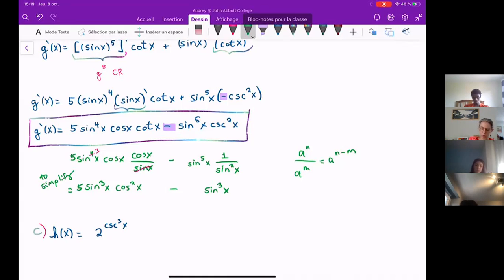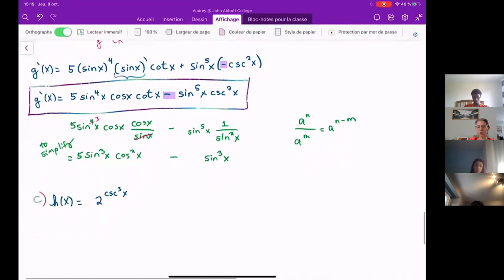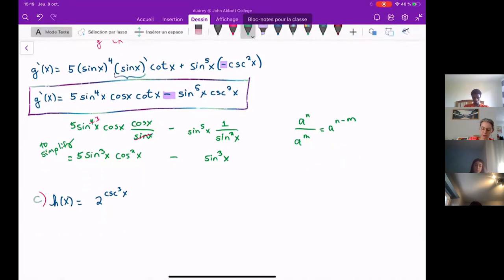Okay, so again, I have a cosecant cubed. We said the first thing to do when you have a trig function with a power is to rewrite it with the power at the end. So here, do I have a chain rule, product rule, quotient rule, or none? I've got my chain rule.